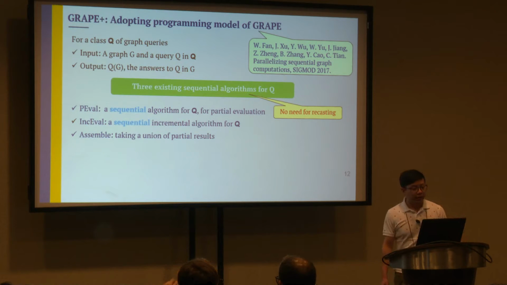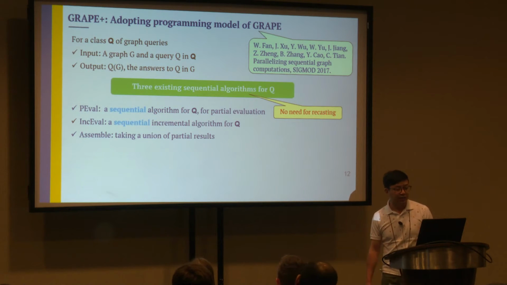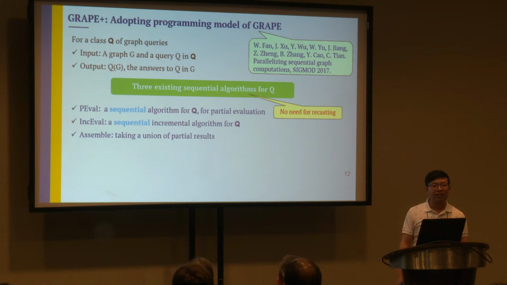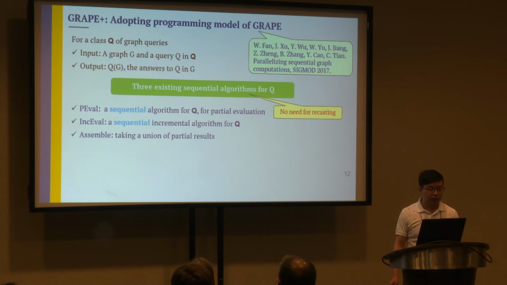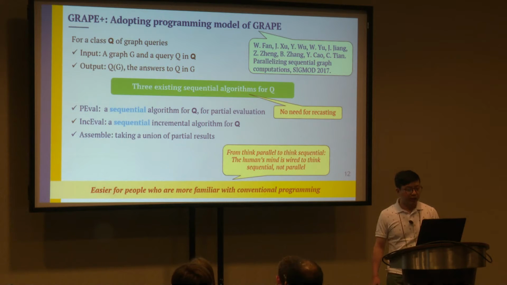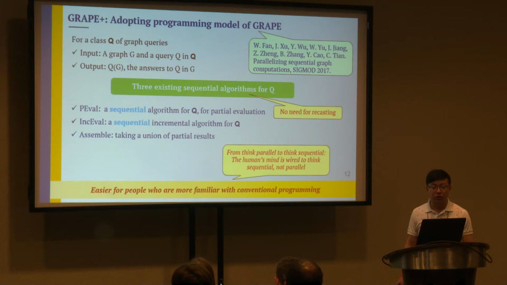For a query class Q, the input is a graph G and a query Q. The output is the answers to Q in G. We ask users to provide three existing sequential functions. The first is PEval, a sequential algorithm for Q for partial evaluation. Second is IncEval, a sequential incremental algorithm for Q. The third is Assemble, which takes a union of partial results. So it is much easier for people who are more familiar with conventional programming.